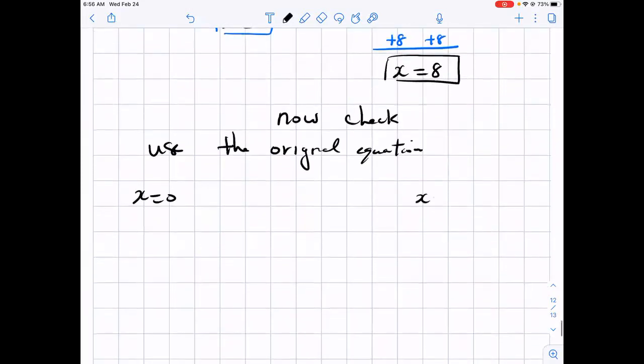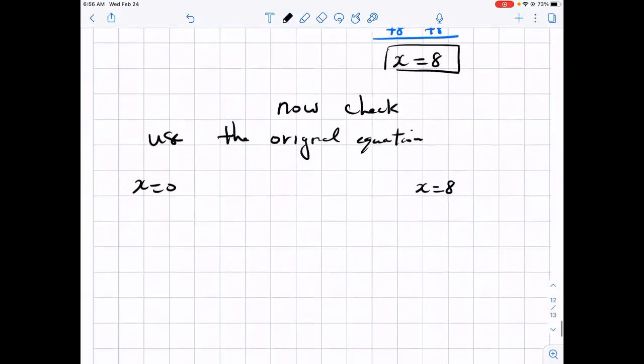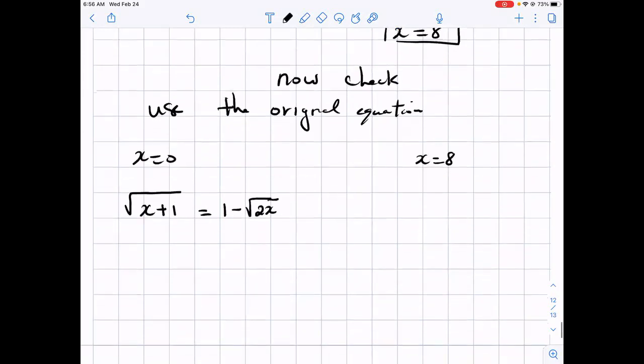We have to check x equals 8. And don't forget, the original equation here is the square root of x plus 1, and that was equal to 1 minus the square root of 2x. So we have to check both of them in that equation. That's the original equation.